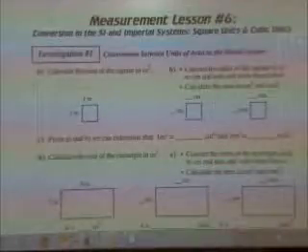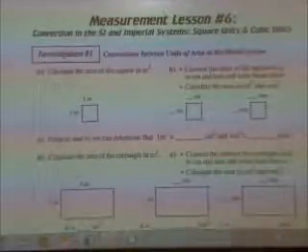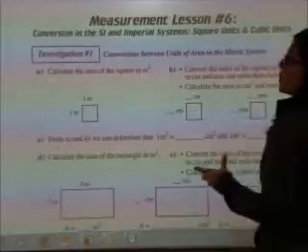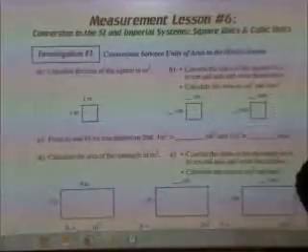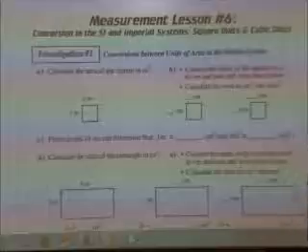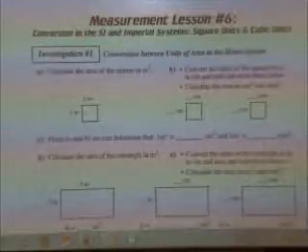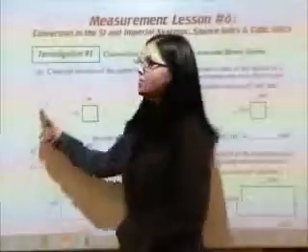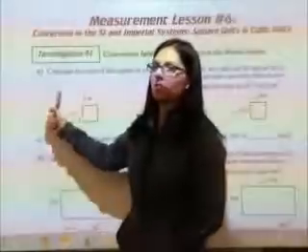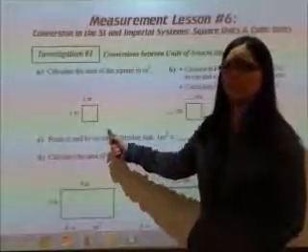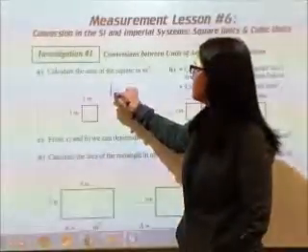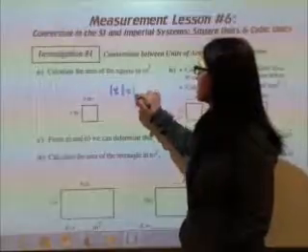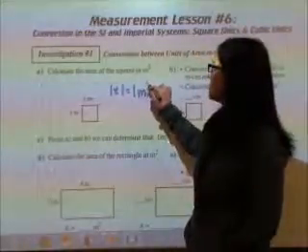Lesson 6. Lesson 6 continues from Lesson 5 with conversions between the two systems. Only now we look at what happens when we have square units and cubic units. If we look at this first investigation, if I ask you to calculate the area of this square, how would you do that? 1 times 1, which equals 1 meter squared.